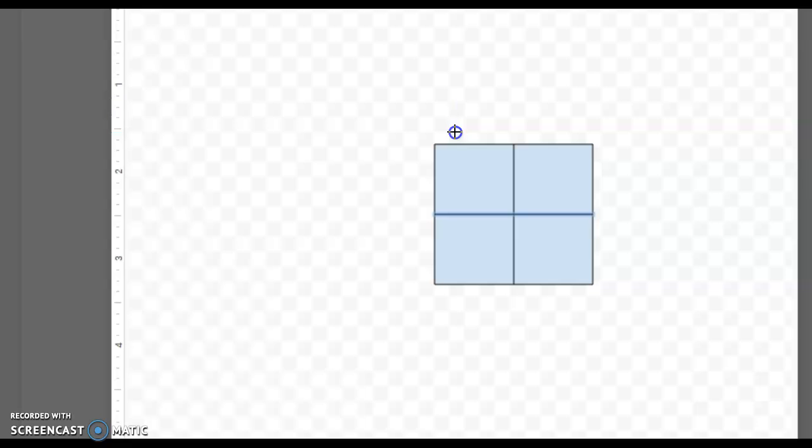This is going to be big H, big H. And our cow was homozygous recessive, so she will be little h, little h.